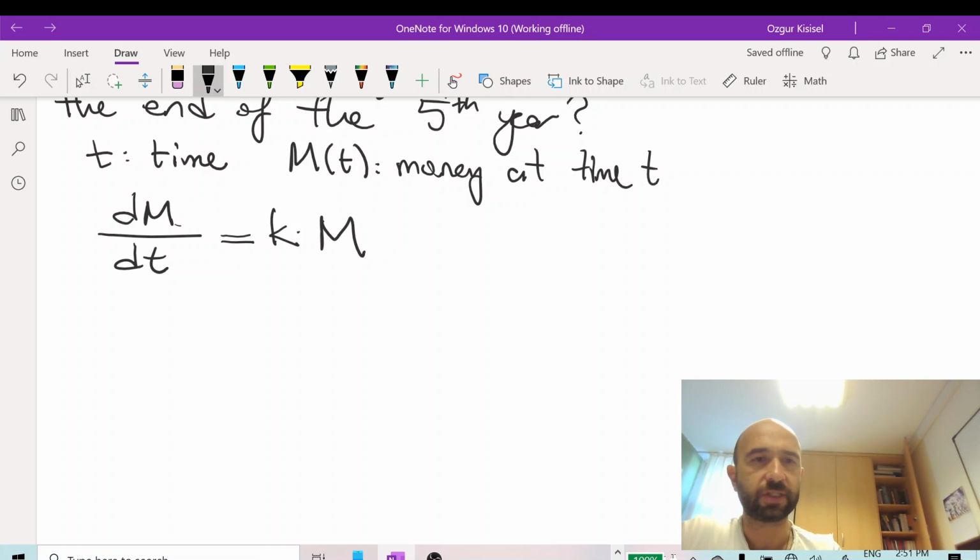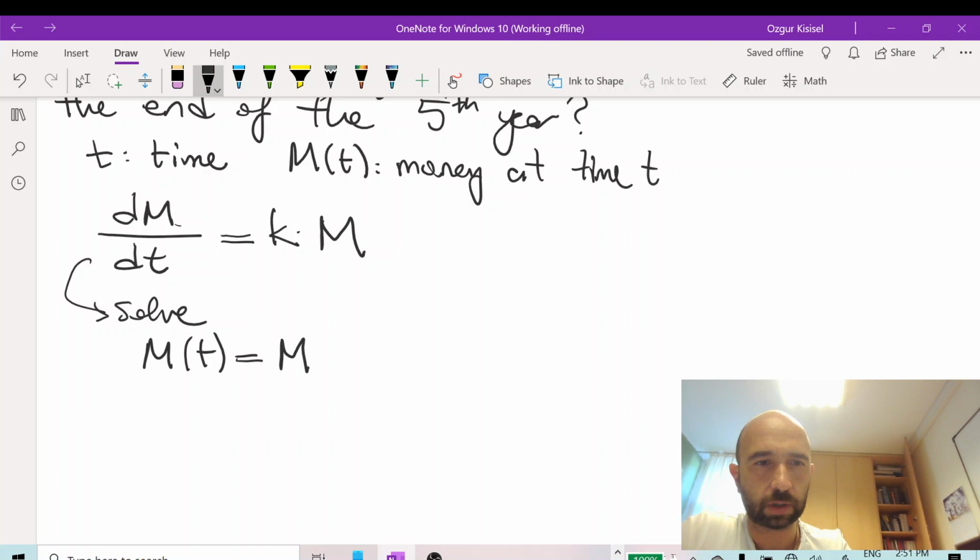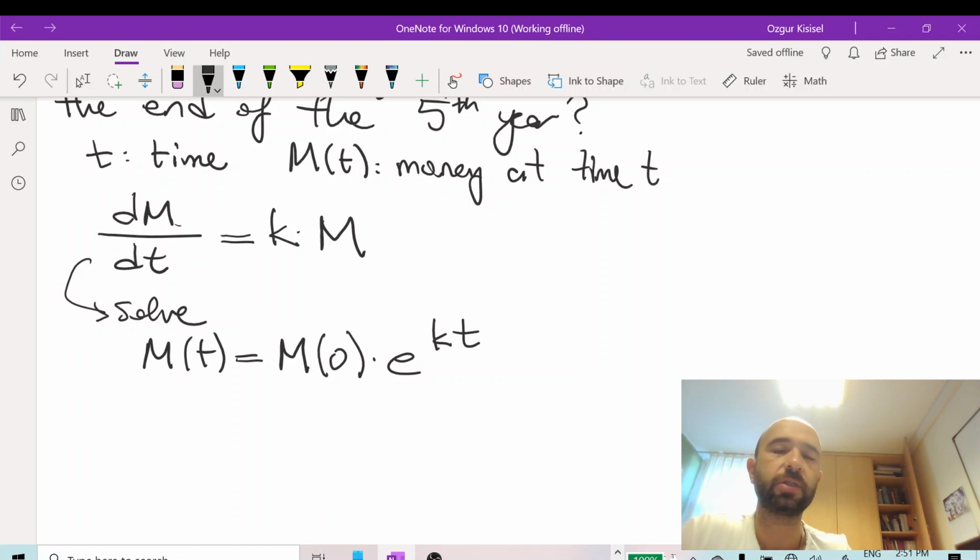Okay, if we solve this differential equation, this is a very similar equation to the population dynamics example. It's again an equation of the same type. Let me not repeat the steps. This is separable, and the solution gives you your initial money times e to the power this constant times t.